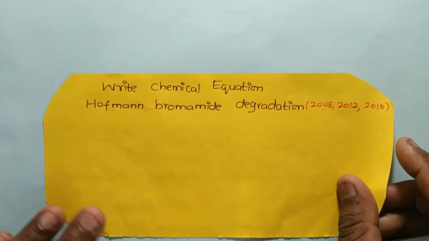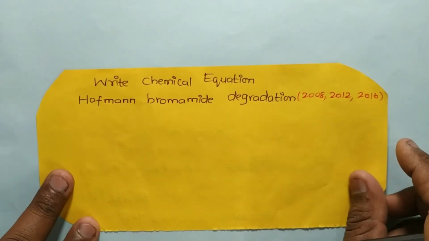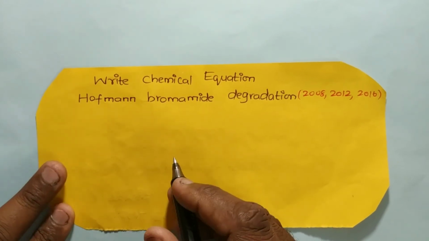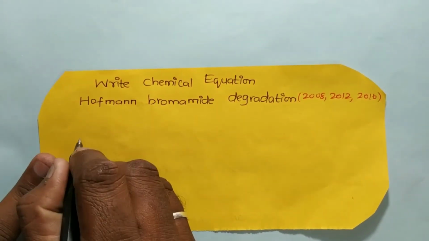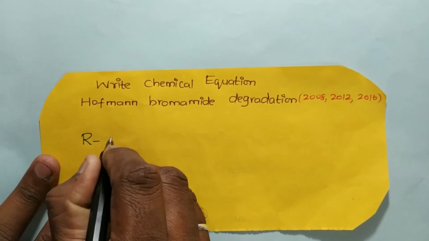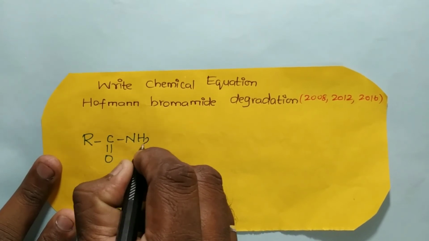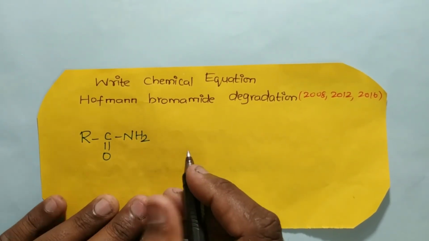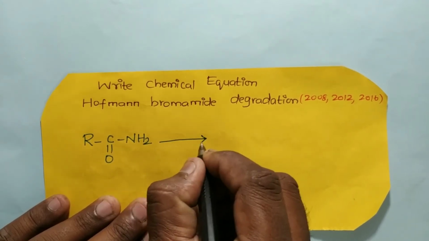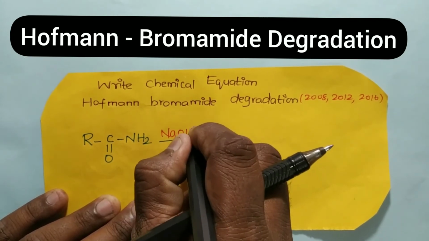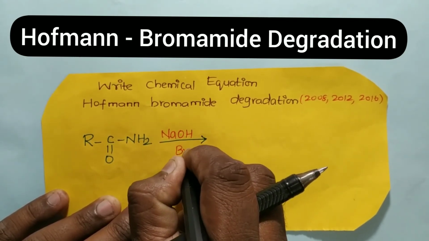And next one is, write the chemical equation of Hofmann bromamide degradation. This question was asked in the years 2008, 2012 and 2016 also. So what is the Hofmann bromamide degradation? Suppose here R, C double bond O, NH2 is there. That I am going to react with sodium hydroxide, NaOH, along with bromine.